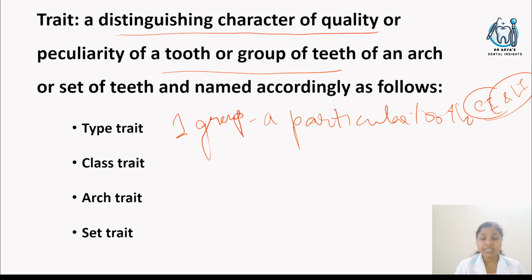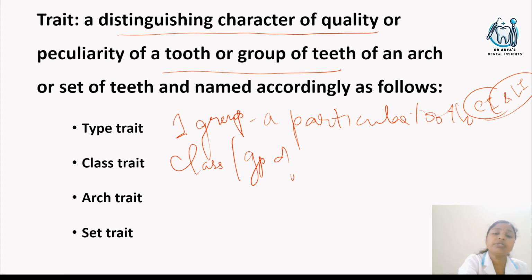Then what is the class trait? It's a distinguishing character or quality of a class or group of teeth. Here the examples are incisors, canines, premolars and molars. Next is the arch trait.